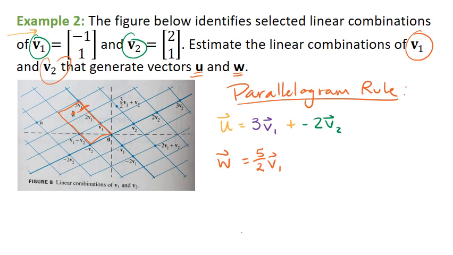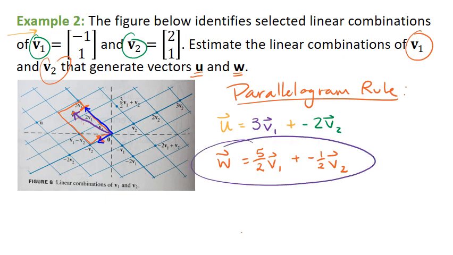I'm going to add that to what looks like half of negative V2, so negative 1/2 of vector 2. So if I have this vector and this vector, by the parallelogram rule, the sum of those vectors equals vector w. This is the linear combination of vector 1 and vector 2 that generates vector w.